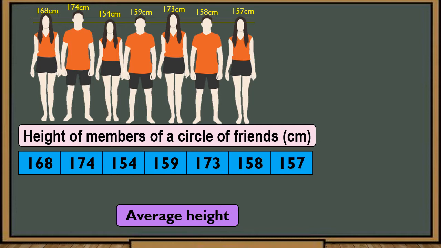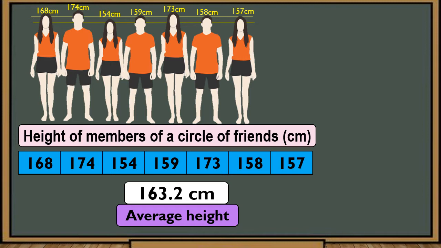To do this, we simply add their heights: 168 plus 174 plus 154 plus 159 plus 173 plus 158 plus 157, divided by 7, because there are 7 friends. We get the average as 163.2, or 163 and 2/10 centimeters.